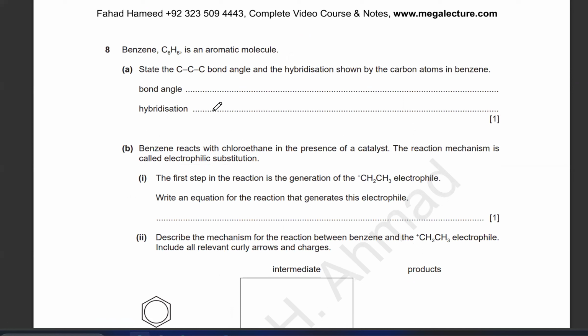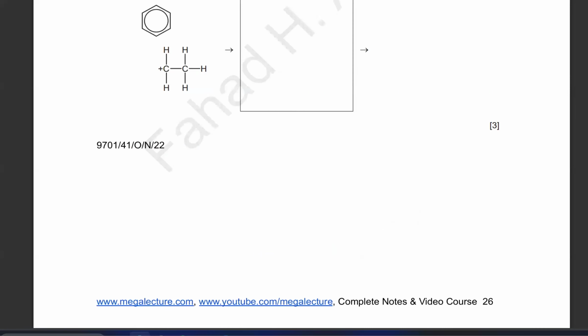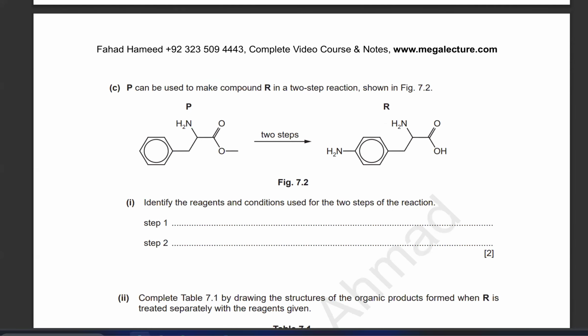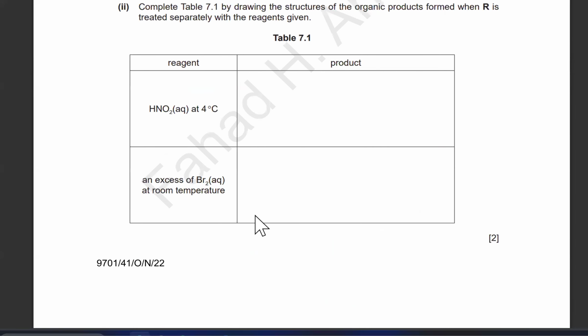What's the bond angle and what's the hybridization? Hybridization is sp3 नहीं, sp2 होती है, डबल बॉन्ड होता है. और एंगल्स क्या होता है? That's 120 degrees, right? अच्छा, बाकी सेम, एवरीथिंग इज सेम. और कोई डिफरेंट क्वेश्चन है?